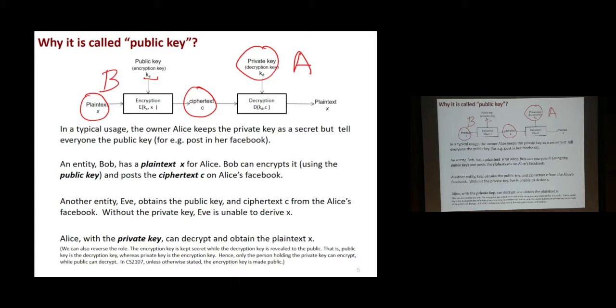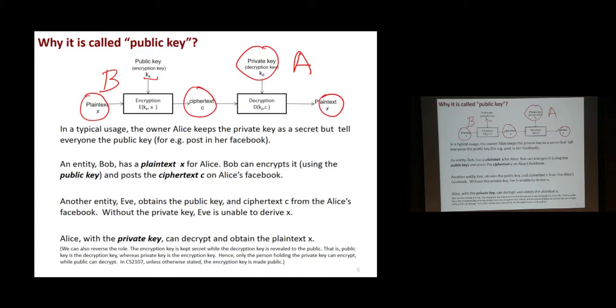So the whole world, all the friends, can see this ciphertext. If Alice wants to see the message, Alice takes the ciphertext, decrypts it using her private key, and gets the message.